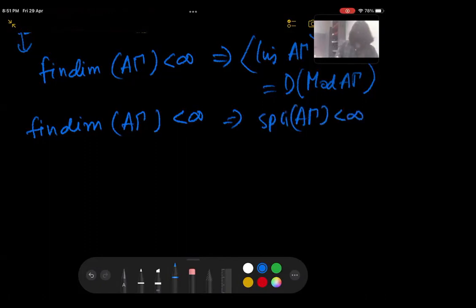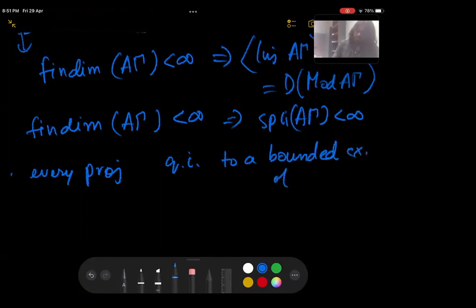So this means every projective module is quasi-isomorphic in the derived category to a bounded complex of injectives. I'm sorry, I need silp: every projective module has finite injective dimension. And it's silp.